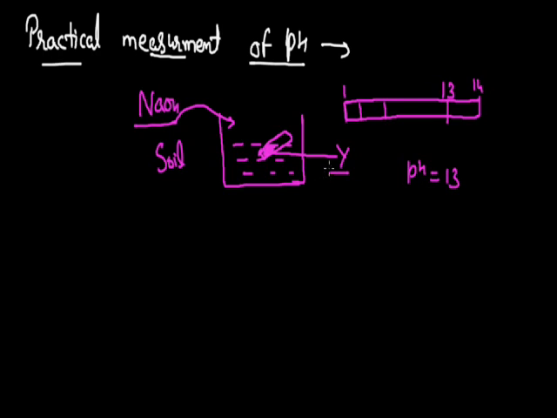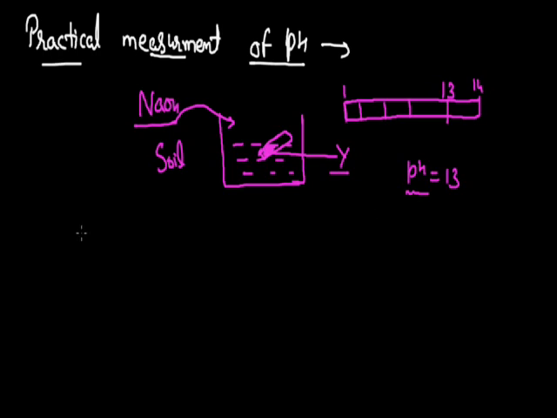And if the color is something different from yellow, you read the value written against that color, and from it you get the pH of the solution. Now if I match this pH value with the pH range, you can classify the substance into the acidic, basic, or neutral category.